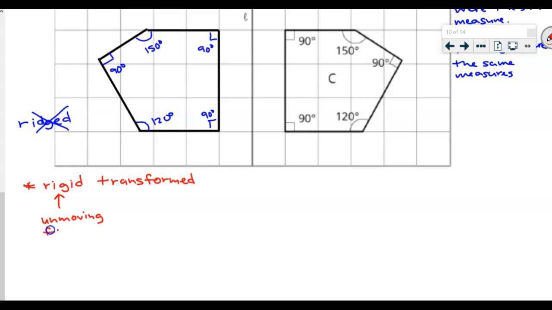It means firm. It means unchanging. It's set in its ways.